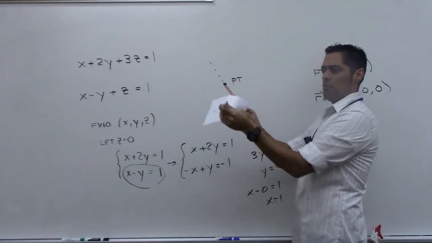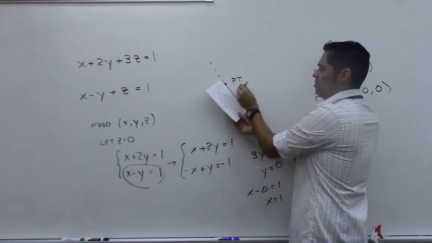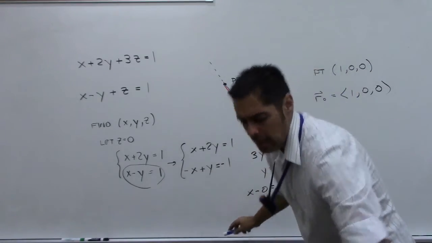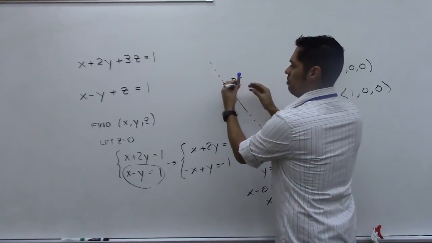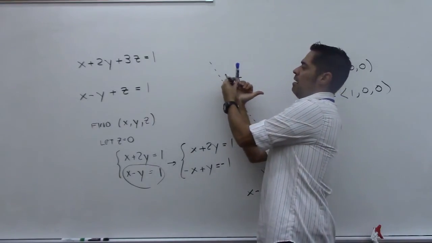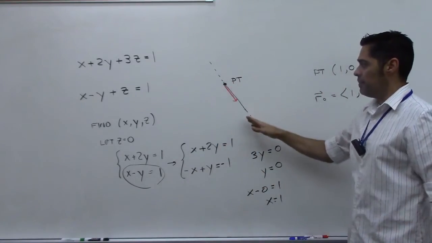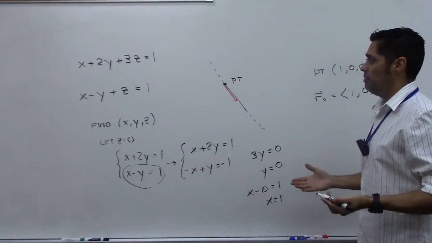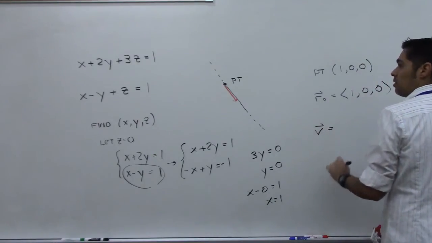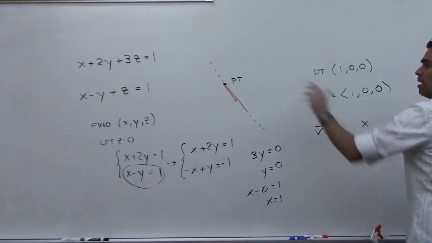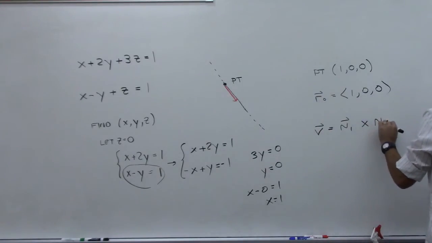So this plane has a normal vector, this plane has a normal vector, and if I take those two normal vectors and I cross them, I'll have a vector that's going to stick out and it will actually run parallel to the line of intersection. So what I need to do to find V is I need to take the cross product of the two normal vectors. So I'll say normal 1 and normal 2.